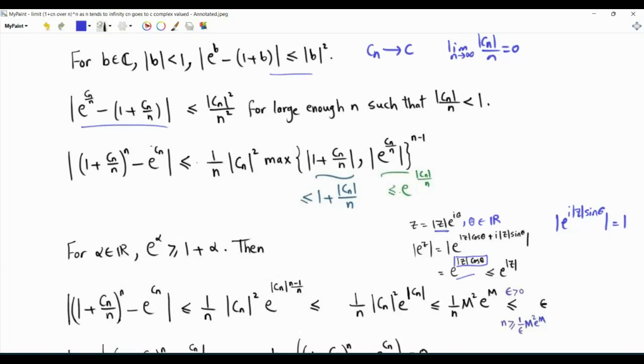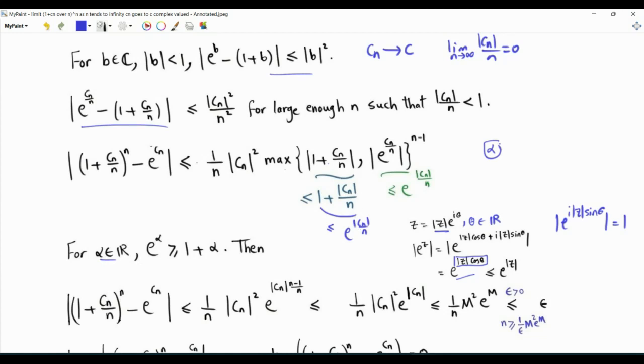And so this magnitude here can be upper bounded by e to the power of the magnitude of cn divided by n. And we also know that if we have a real number alpha here, then e to the alpha is greater than or equal to 1 plus alpha, which means that 1 plus the magnitude of cn over n is less than or equal to e to the power of the magnitude of cn over n, which means that those two terms here, both of them can be upper bounded by e to the power of the magnitude of cn over n.